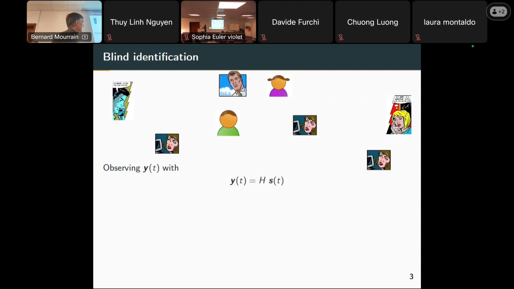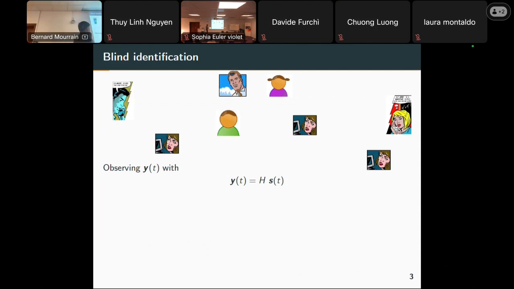So in fact, we can model this problem as some observation Y that Eve is making. And these observations are related to the sources S, which are Bob, Alice and Charlie, by some H, which is given by the geometry of the positions.